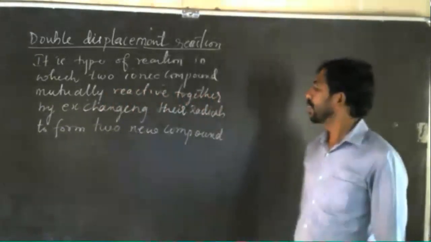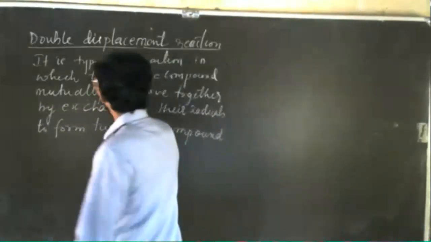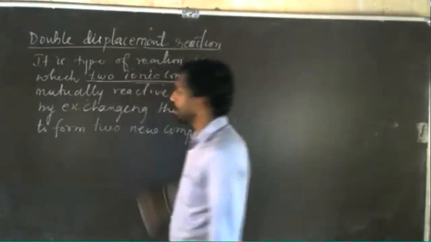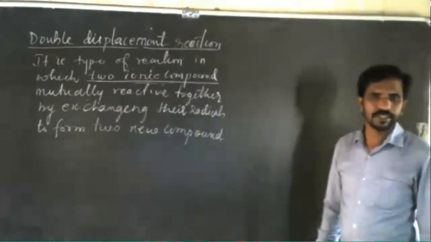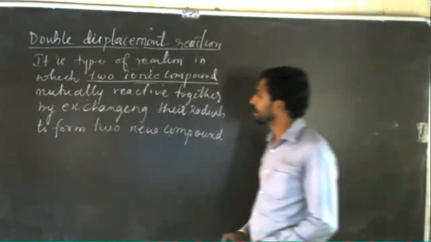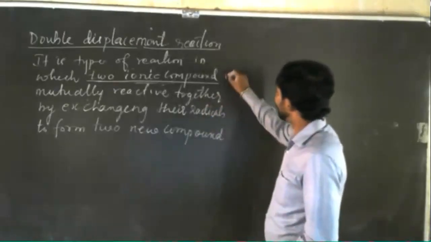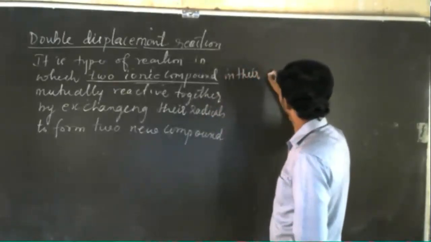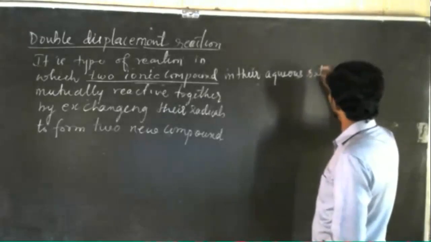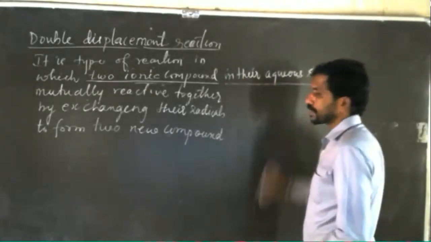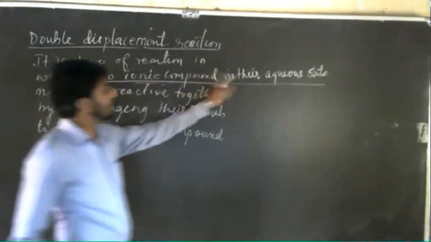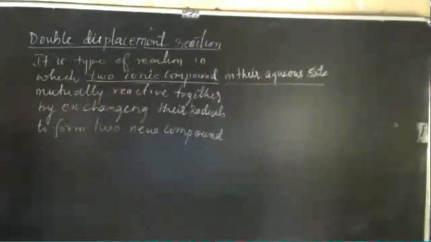So it is a type of reaction in which two ionic compounds, in their aqueous state, mutually react together by exchanging their radicals. Ionic compound means a compound formed by donating or gaining of electrons.